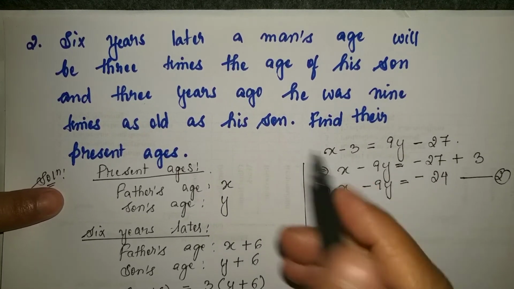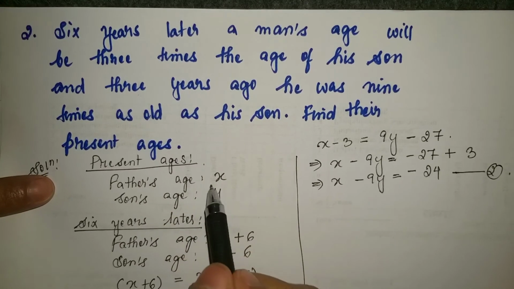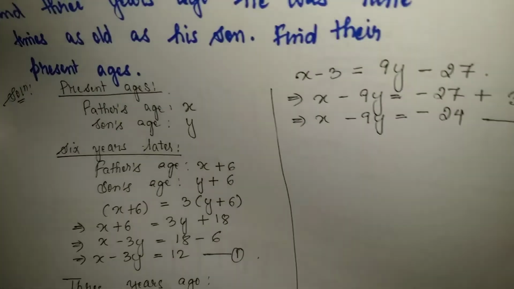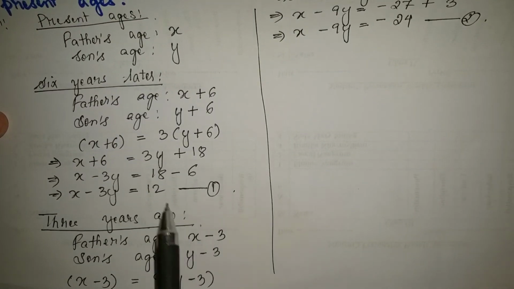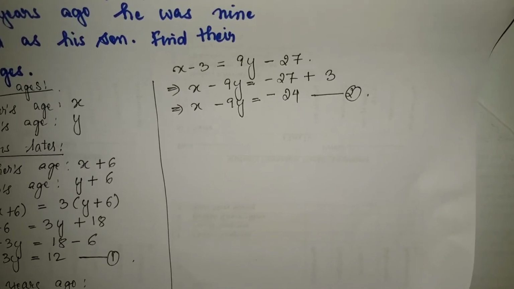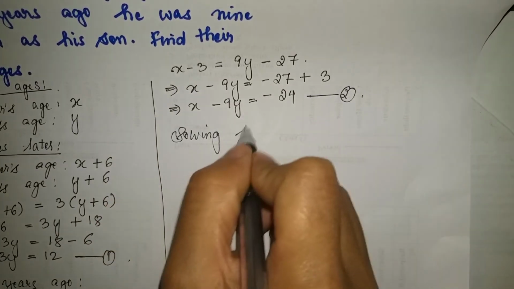I have to find out the present ages of the man and his son, so I have to find out x and y. Here I'm having two linear equations in two variables x and y. Now let me solve them by elimination method.